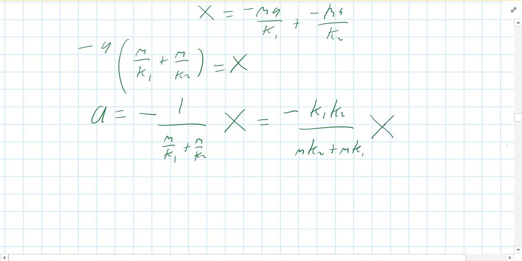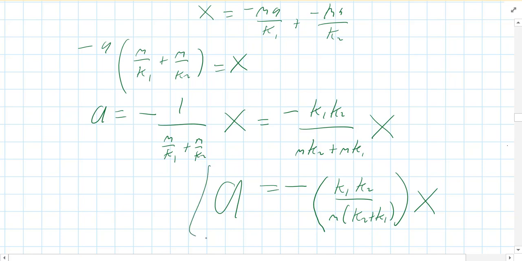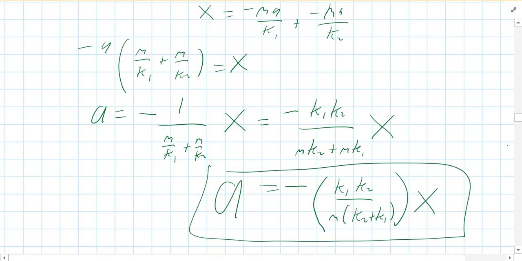That's still all times x. And then I'll simplify this one step further. I'll draw the negative out. And in here, I have a k1 k2 over, I can factor the m out there, and we get k2 plus k1 all times x. So that is a in terms of x. So there's your hard part.